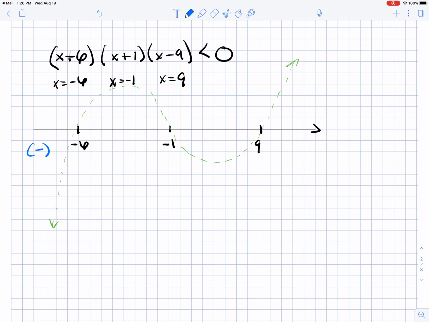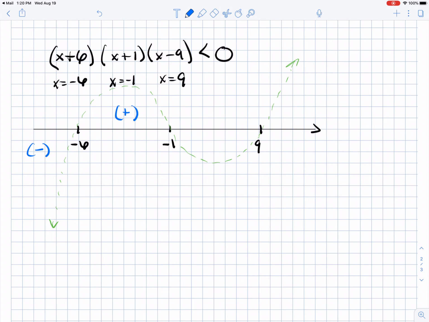Between negative 6 and negative 1, let's choose negative 2. That's positive, negative, negative, and a positive times a double negative is positive. So everything between negative 6 and negative 1 is positive, above the x-axis.